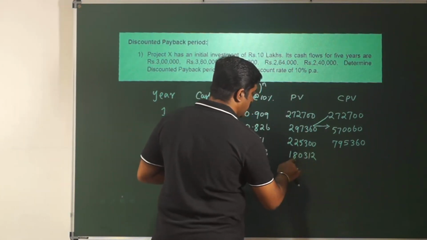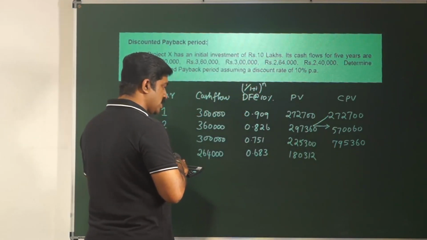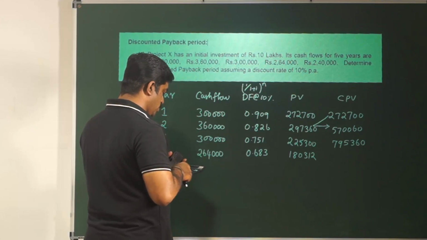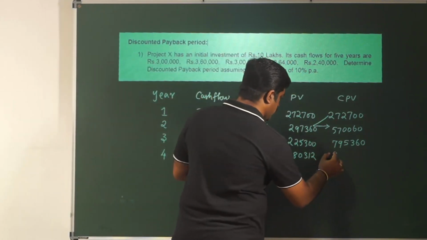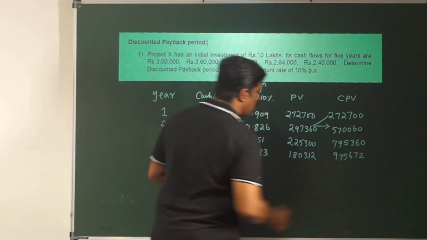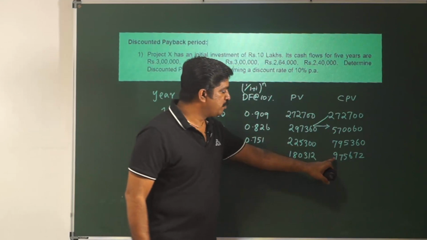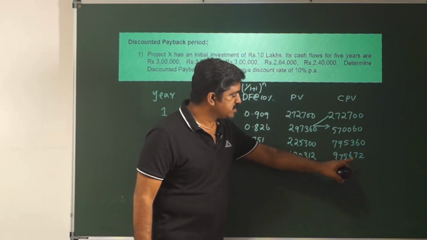So 180,312 plus the cumulative PV up to the previous year, which is 795,360, we get 975,672. Now please listen, up to year 4, the cumulative PV that is recovered is 975,672.